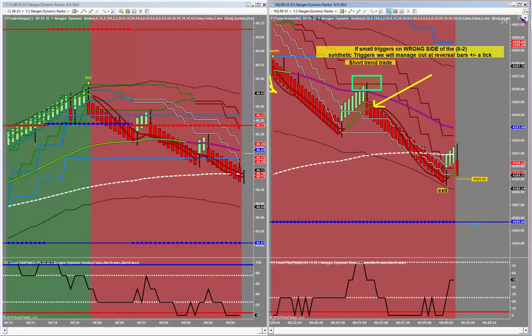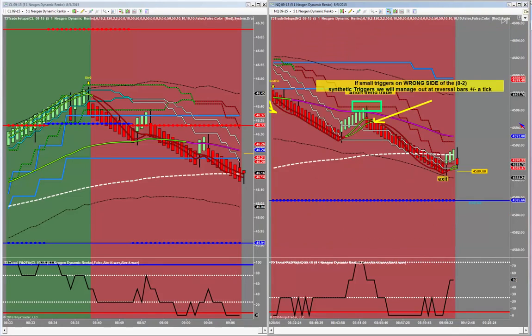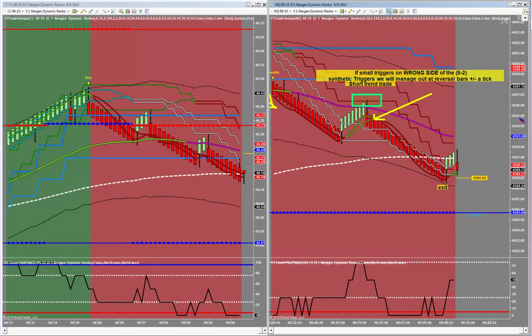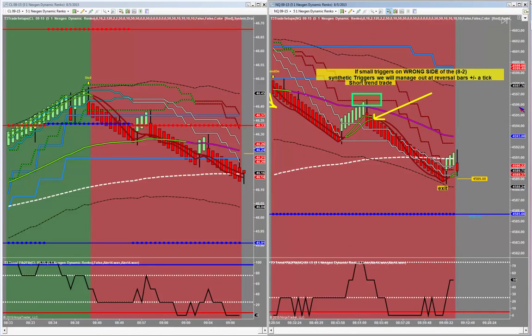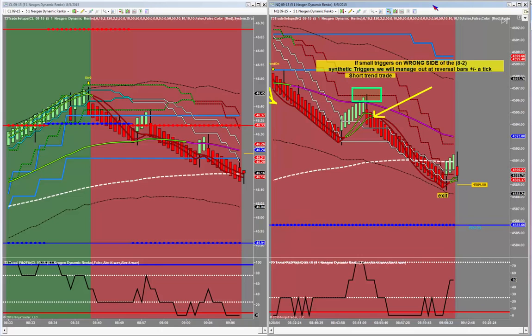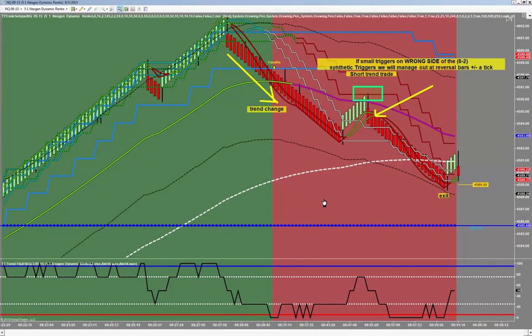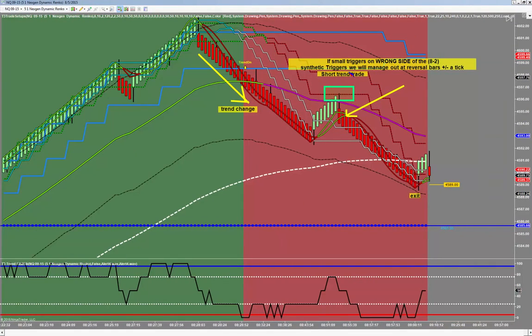So what we're going to do is we're just going to watch, here's when newer traders look at our software. Right? This is 99% of what we do during the day.